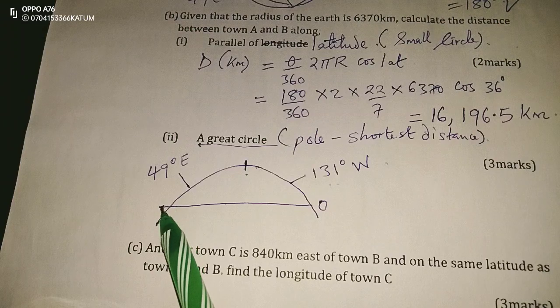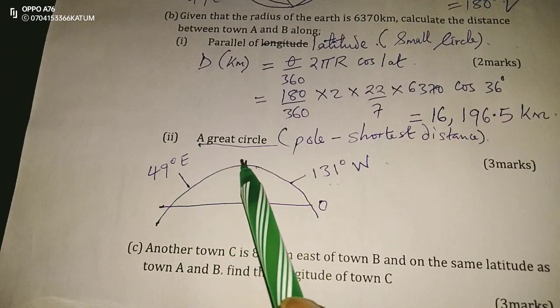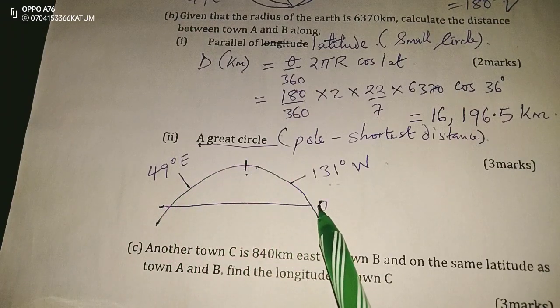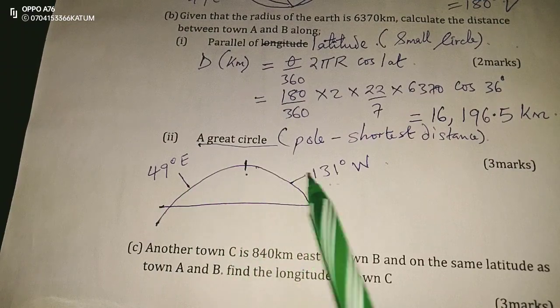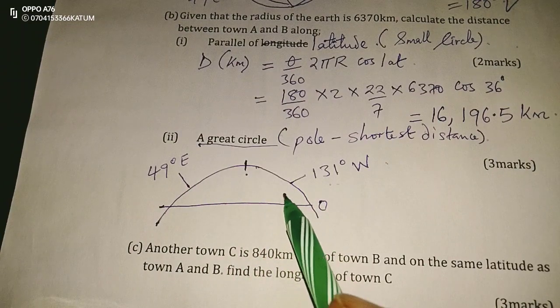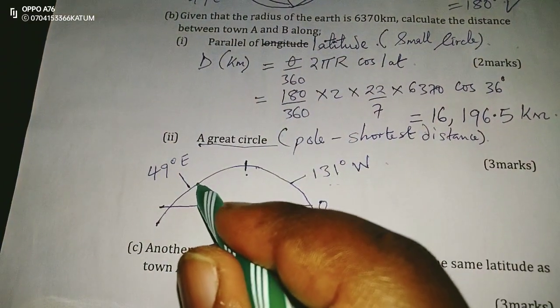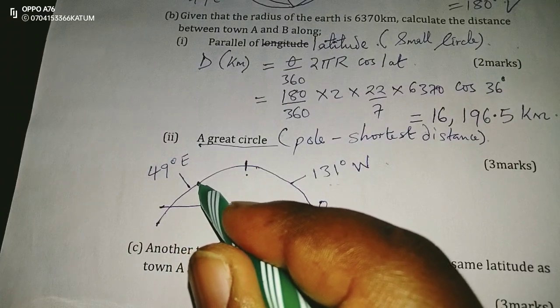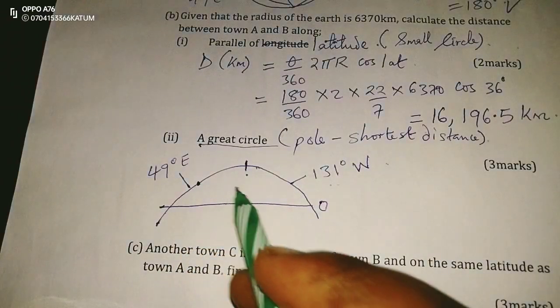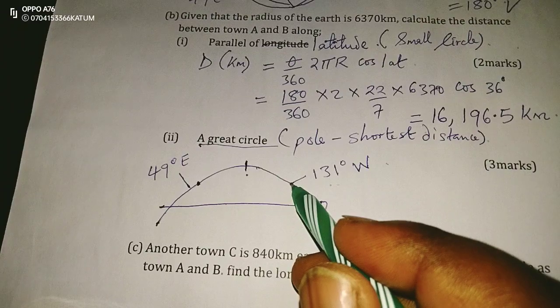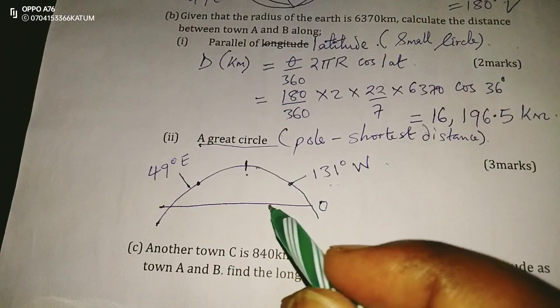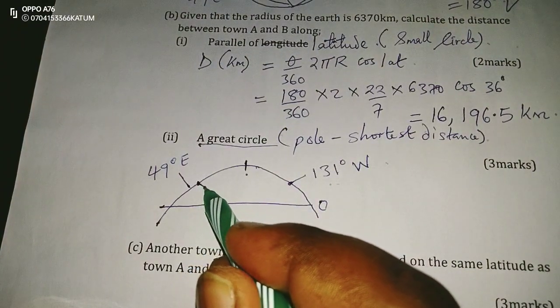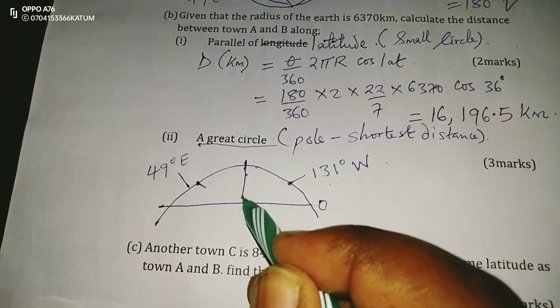If you are moving along 50, you could have gone down through 130, such that the two should have 180. Now we are moving from a point at 36 degrees to another point at 36 degrees.